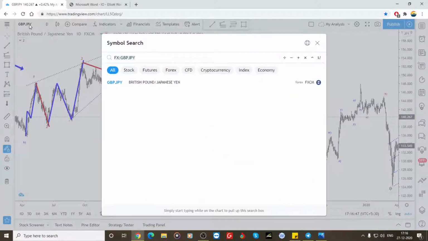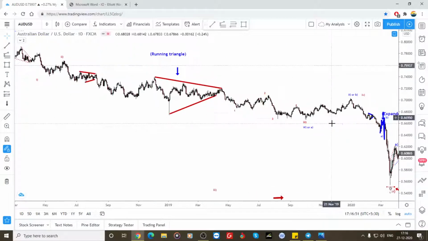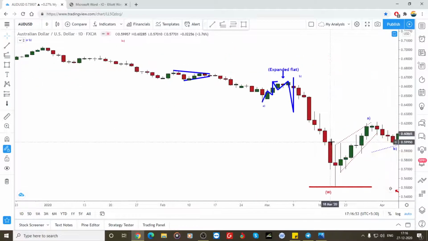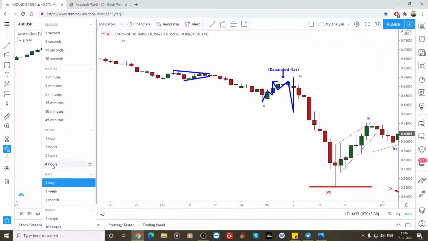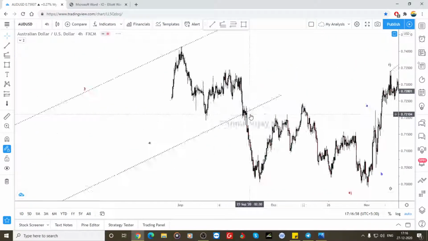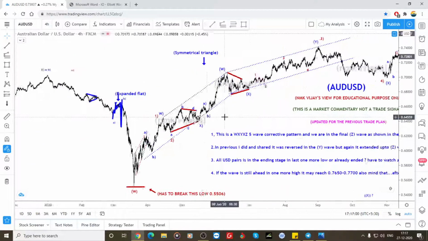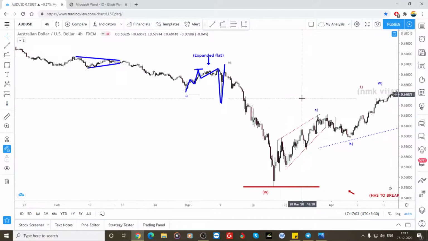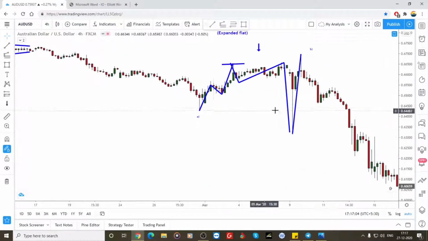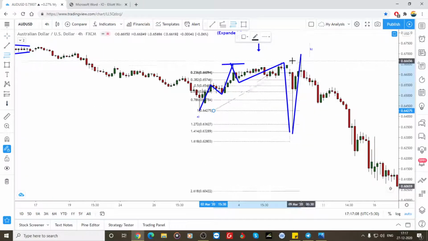And for example, I will show you one more, AUD USD also. Here, just to try. Just we can try this one.